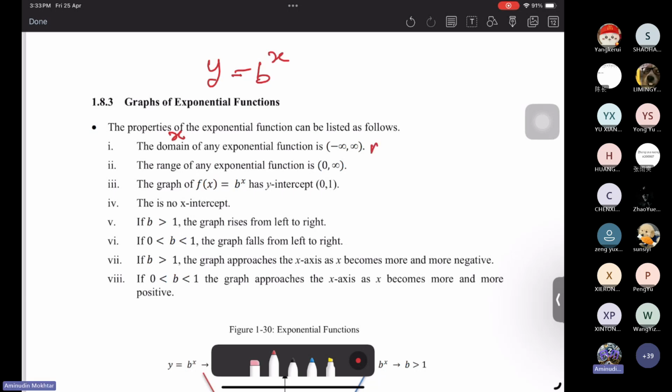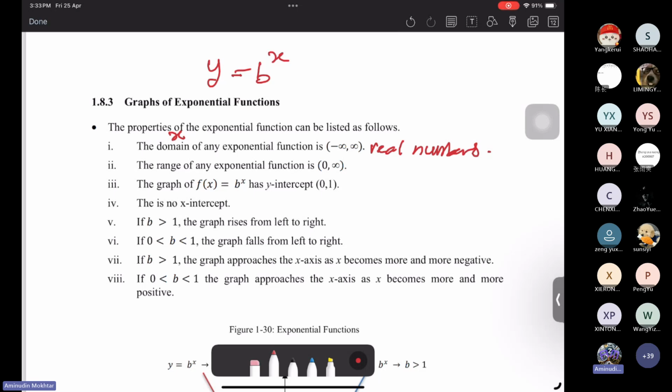In other words, x can take the value from negative infinity until positive infinity. X can take any number, rational number, and so on, from negative infinity until positive infinity. That is for the exponential function, the domain.